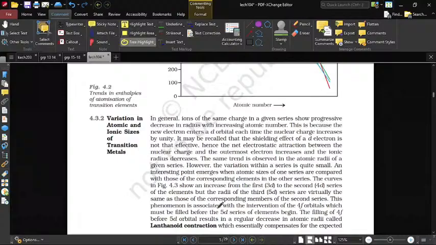This phenomenon is associated with the intervention of 4f electrons, which must be filled before the 5d series of the elements. The filling of 4f before 5d orbitals results in a regular decrease in atomic size.